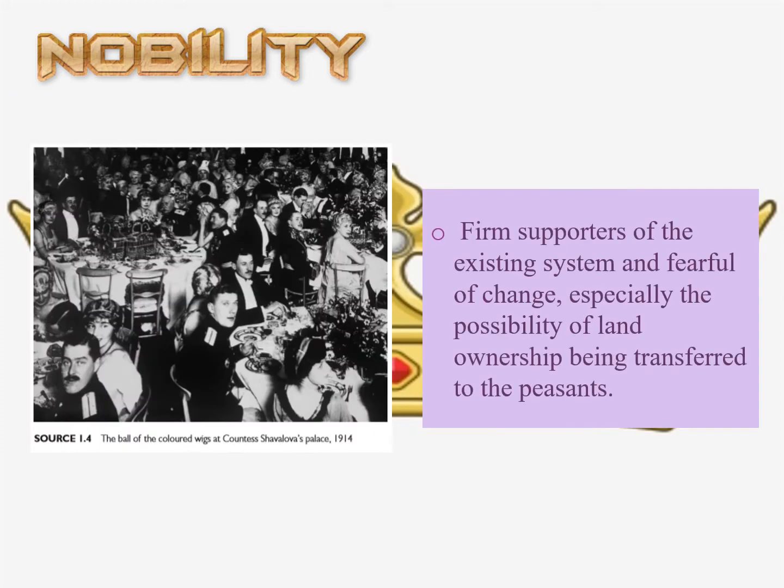The nobility were definitely firm supporters of the system as it was, because they were obviously the ones on top, and they were really fearful of any sort of change, especially the possibility of land ownership being transferred to the people that worked the land, the peasants, because this would take away not just the stranglehold the nobility had, but also how the nobility kept control by having control of the land, this arable land that could be used for farming. So they didn't want to give that up, and they were very much against that in general.